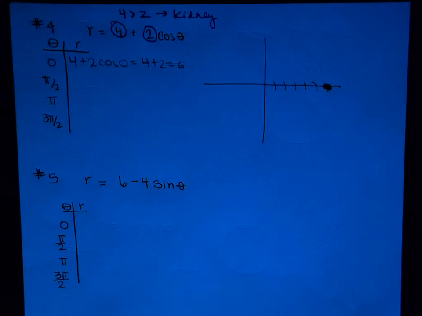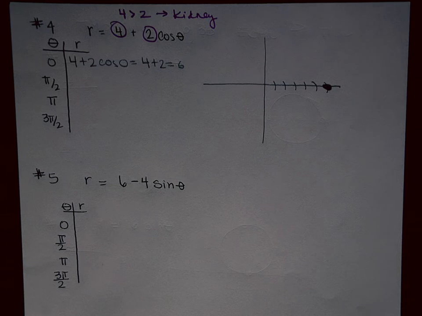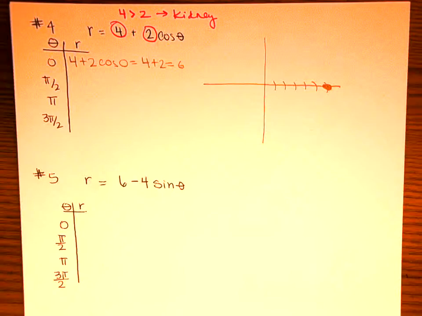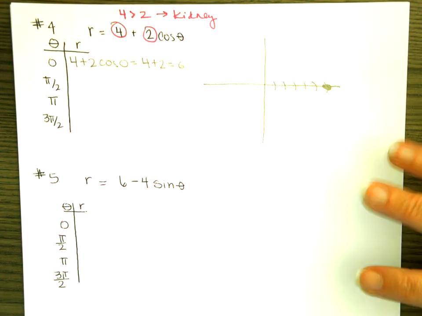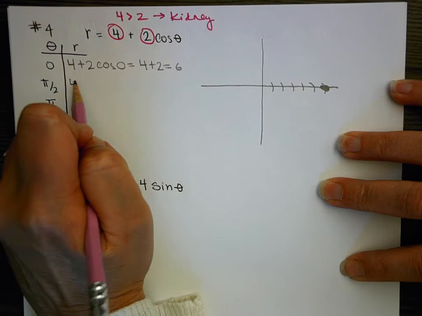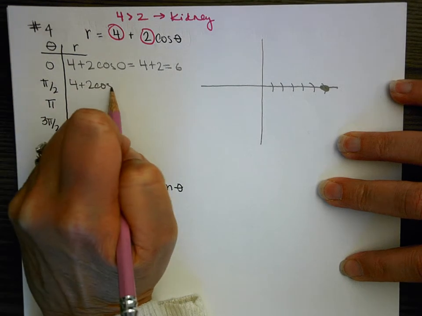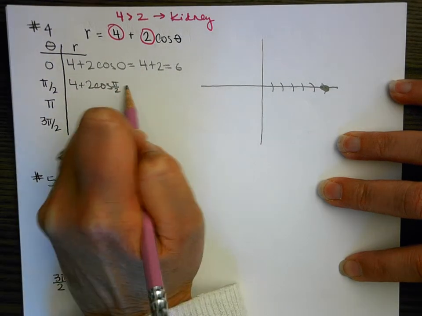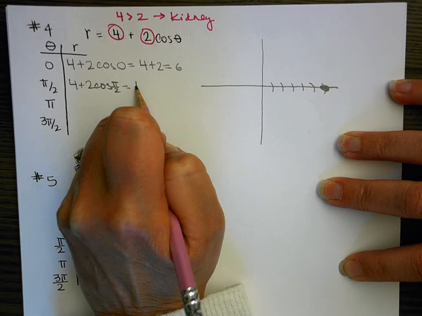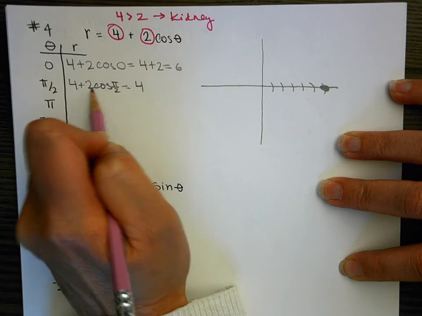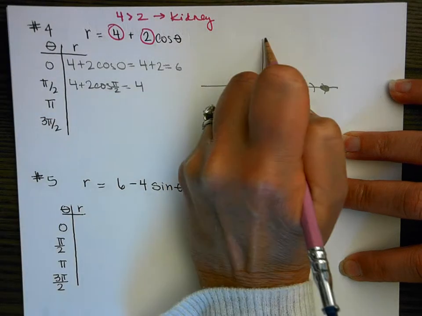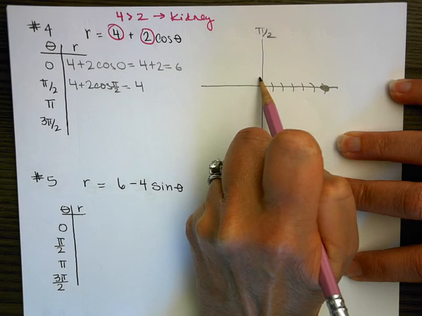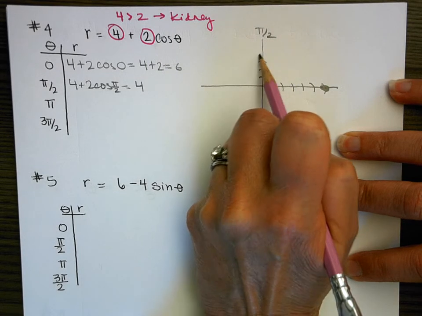Okay, so then I'm going to go to pi over 2. So I'm going to replace theta with pi over 2. So I know cosine is 0 at pi over 2, so that would just be 4 plus 0, or 4. So then I'm going to go up to pi over 2, and then out 4 units.